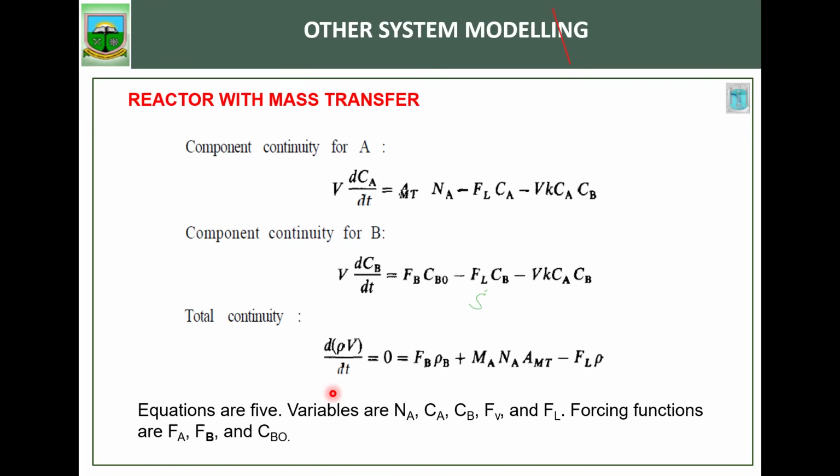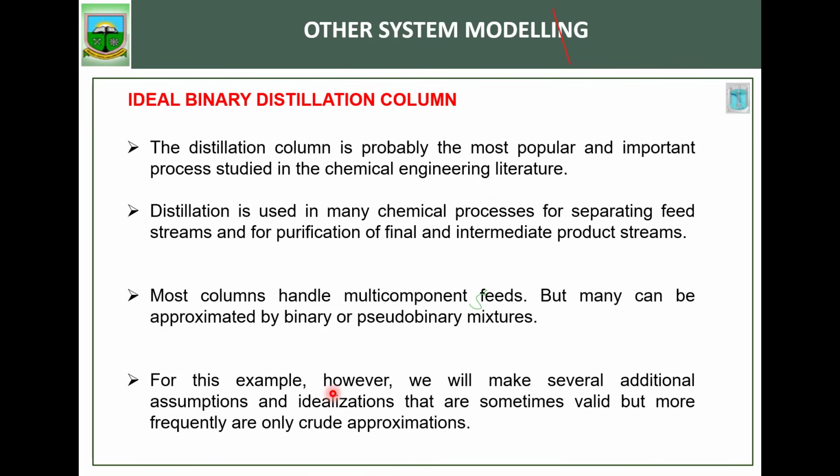All right. So the last equipment we'll look at today is the binary distillation. Now, aside from the CSTR, which is commonly used in the industry, the distillation column is the most popular and frequently used equipment, especially for separation.